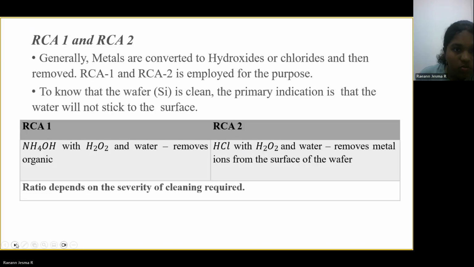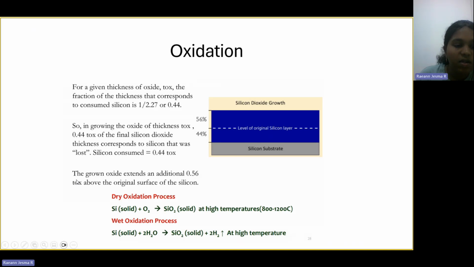So next, another topic that we saw in class was oxidation. There are two types of oxidation: dry oxidation and wet oxidation.